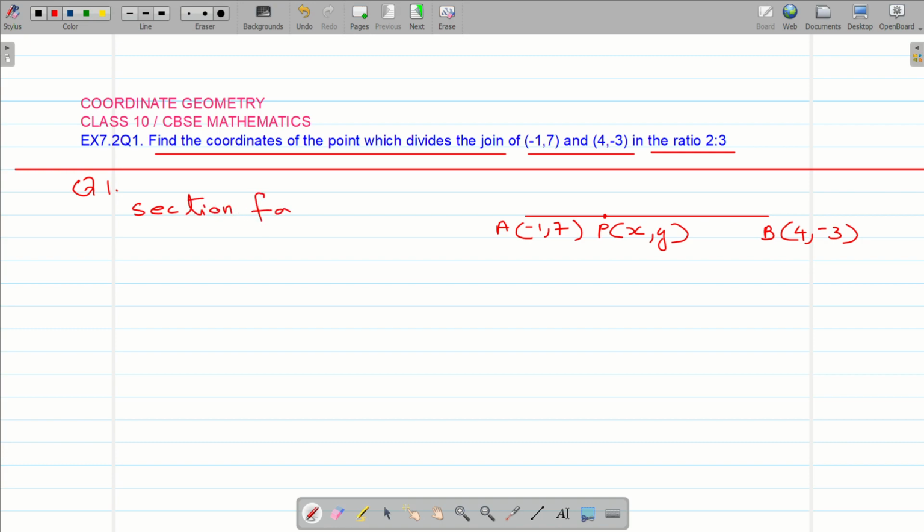Section formula: x coordinate is equal to m1 x2 plus m2 x1 upon m1 plus m2.